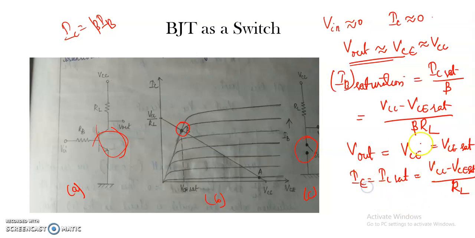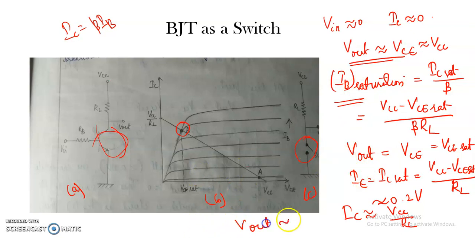Since VCE saturation is small for a semiconductor transistor, usually of the order of 0.2 volt, IC is approximately equal to VCC divided by RL. So Vout is approximately equal to 0. That is, there is no voltage drop across the transistor.